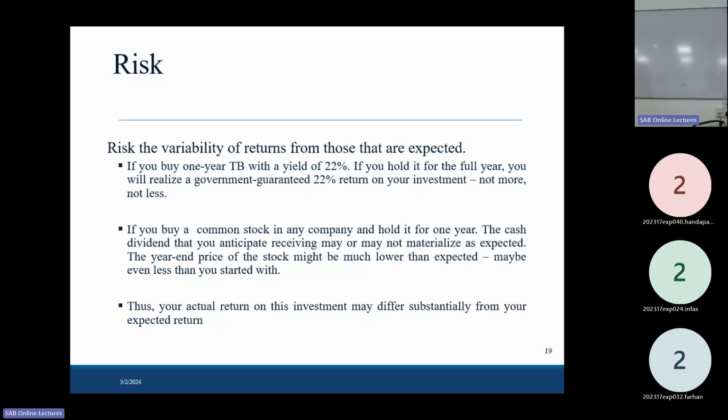So how to measure that? Your actual return on this investment may differ substantially from the expected. So you have to be able to calculate that. Quantitatively, you should be able to calculate this variability. So that is what we are going to do now. That is risk. Simply, risk is the variability of the expected return.